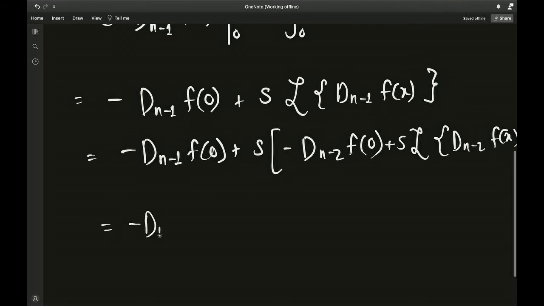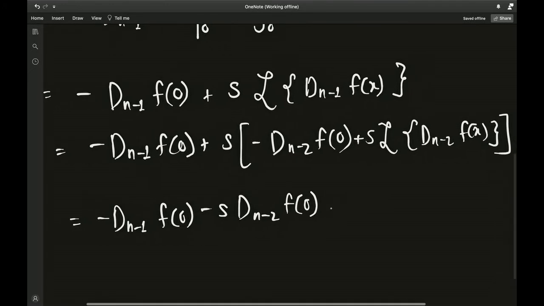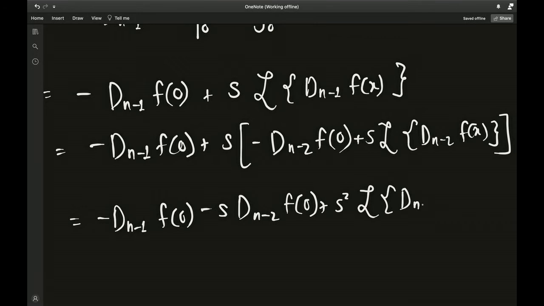So I have negative the n minus 1th derivative of f of x at 0 minus s times the n minus 2nd derivative of f of x at 0 plus s squared times the recursive part, the Laplace transform of the n minus 2nd derivative of f of x.